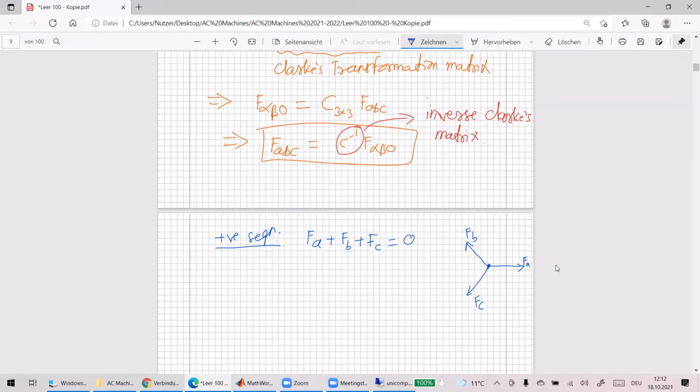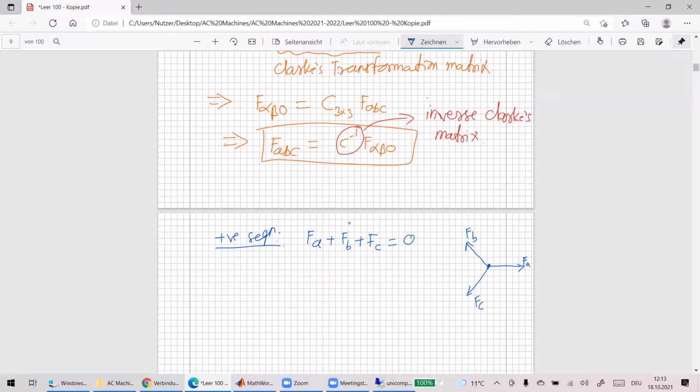If you try to add all this together, their magnitudes are the same and they are 120° apart, so their resultant is going to be 0. That is why there is no 0 sequence component in the positive sequence component.